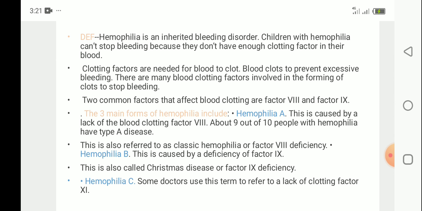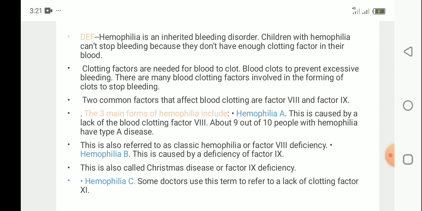Coming to hemophilia B, it is caused by factor 9 deficiency, and it is also called Christmas disease.